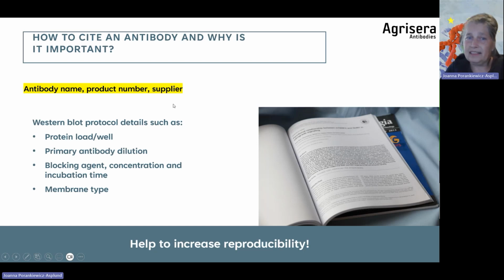Because if a supplier has 30 antibodies to GFP and you do not include the product number, then your colleague will not be able to reproduce your experiments. It is very scary, but more than half of antibodies used in research cannot be identified because in publications they lack the product number and supplier.